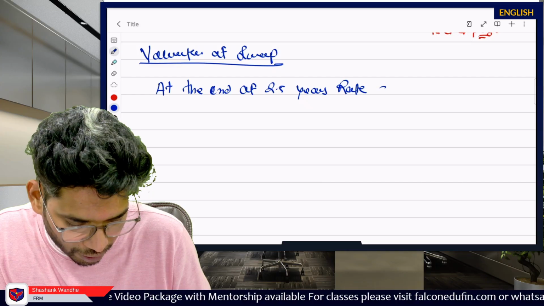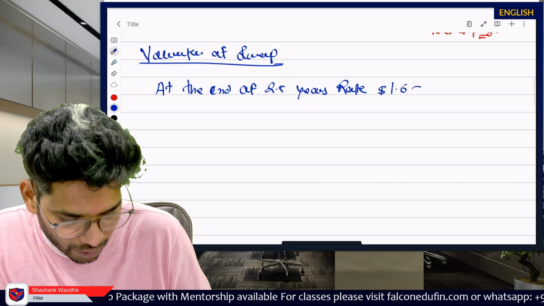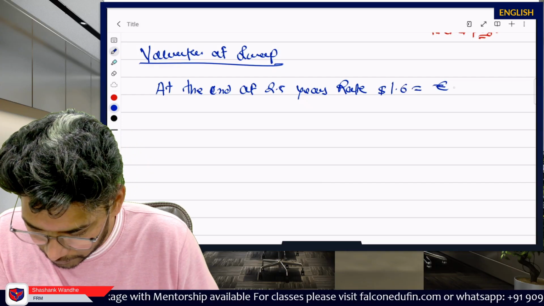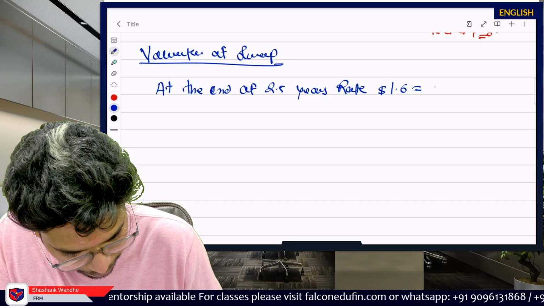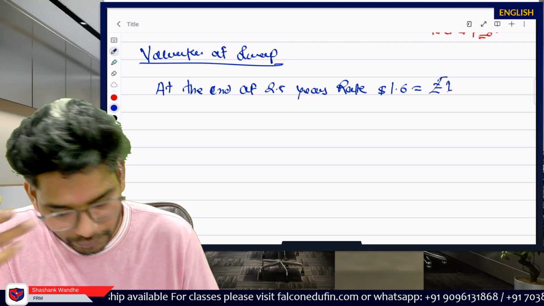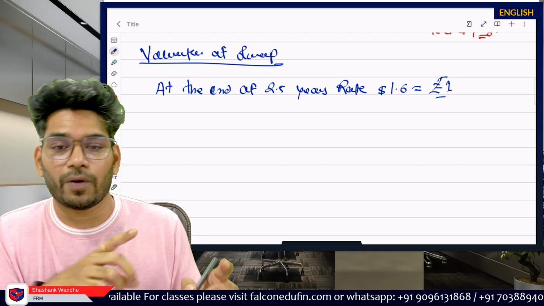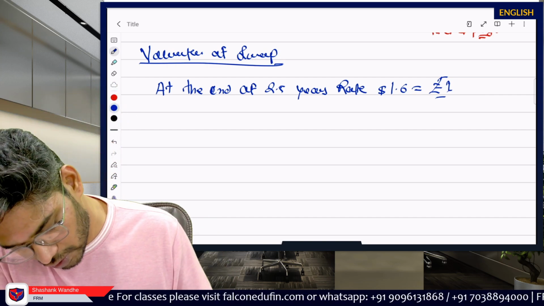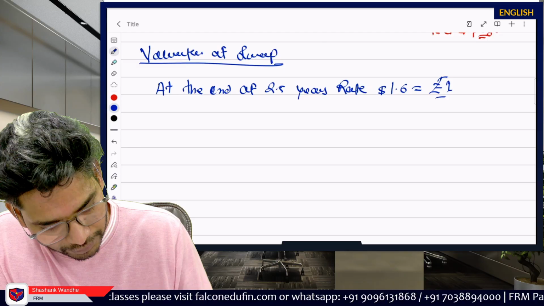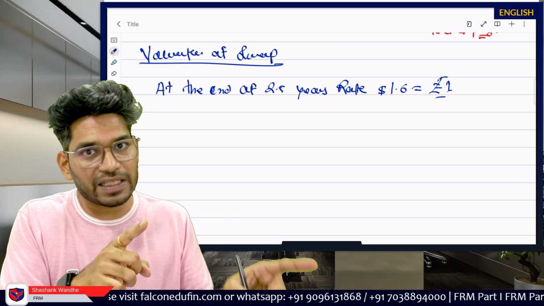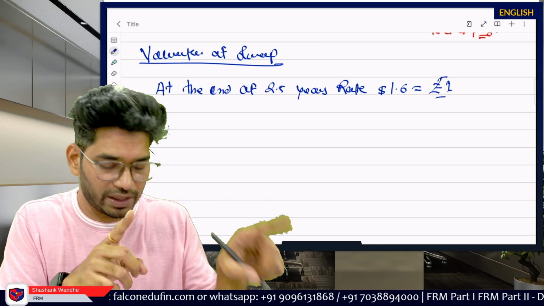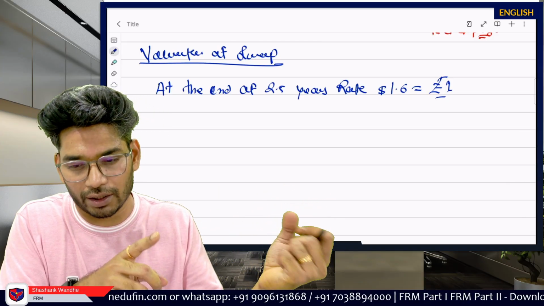the rate of $1.6 is equal to pound 1. Okay, so 1 pound is equal to $1.6, and because 2.5 years have passed, you have only 6 months remaining for the final settlement of your swap.